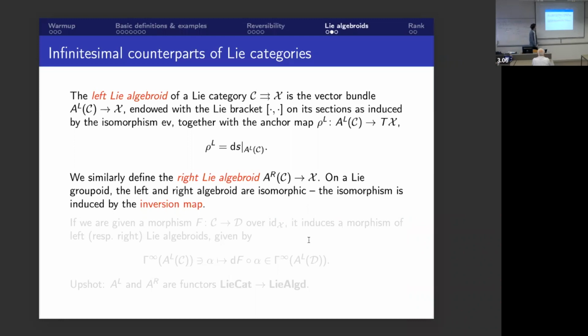So what we do is we define the left Lie algebroid of a Lie category as the vector bundle A_L(C). So let me write it once more here on the board: A_L(C).